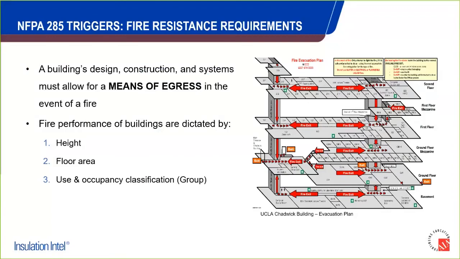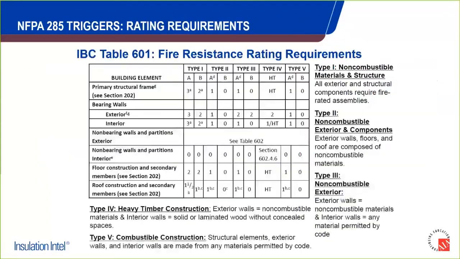The various components that are worked into that calculation include the height, the floor area, the occupancy group, how many people are expected to be inside, and the amount of time they're going to need to get out of that building. So NFPA 285 sort of clips into those requirements, including rated wall systems, sprinkler systems, all these different systems and elements that are designed to keep these buildings from lighting up around people, so they're allowed to escape.